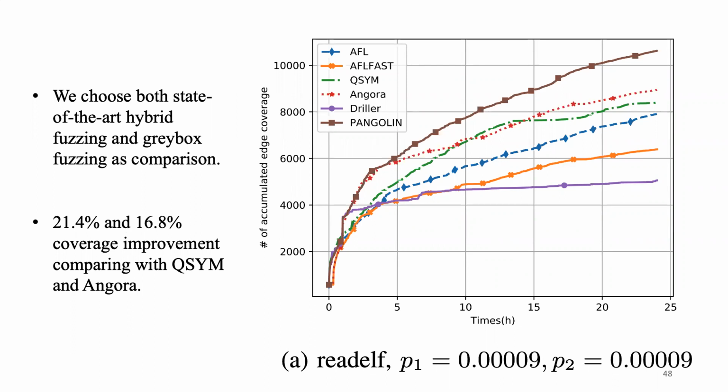Overall, we achieved 21.4% and 16.8% coverage increase compared with the next best fuzzers, QSYM and Angora, on average. We also provide p-values from statistical evaluation of these 2 fuzzers. The first p-value is compared with QSYM, and the second one is for Angora. Both values show the significance of our contribution.